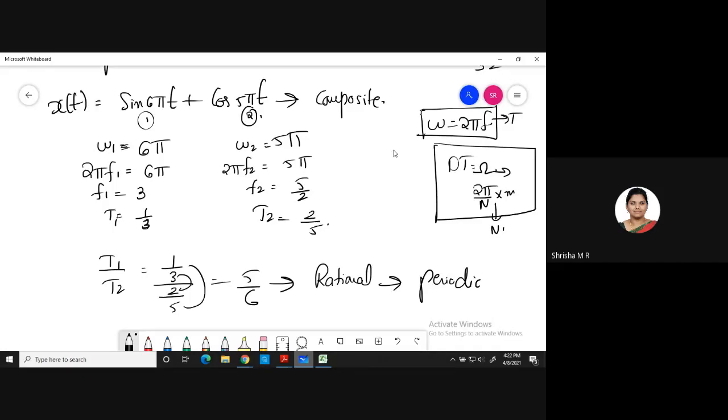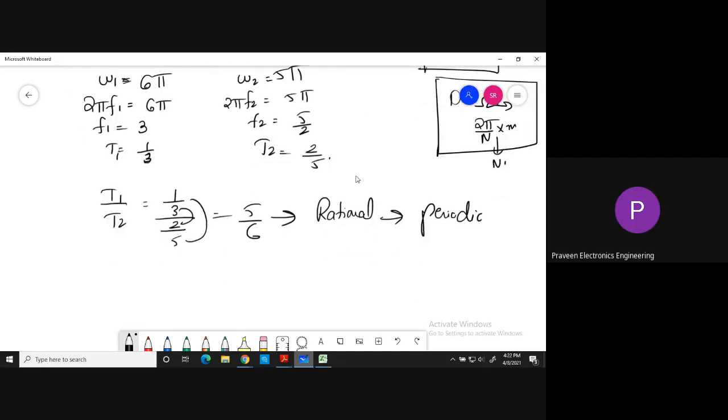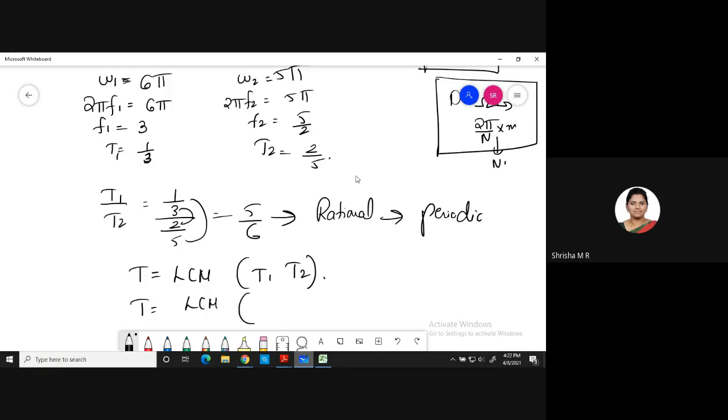Now go ahead and find the LCM of T1 and T2. How do you find the LCM of fractions like this? T is the LCM of T1 and T2, which is the LCM of 1 by 3 and 2 by 5.